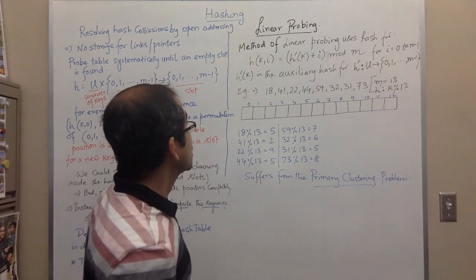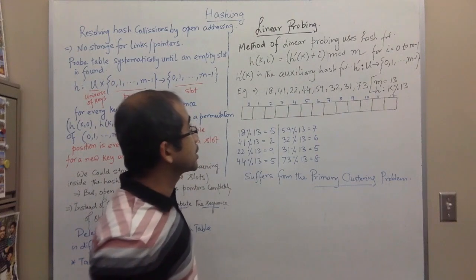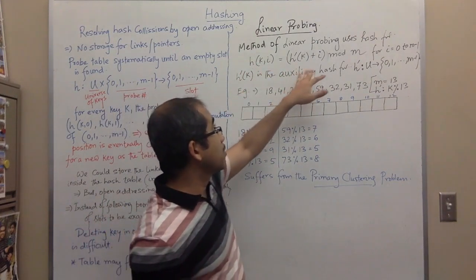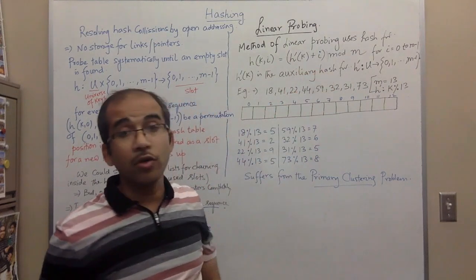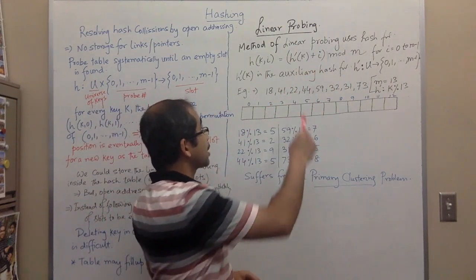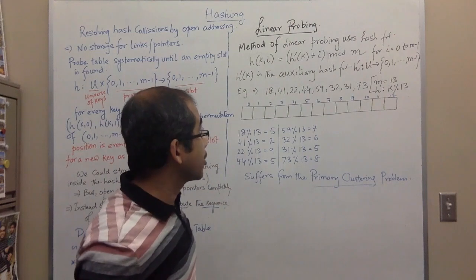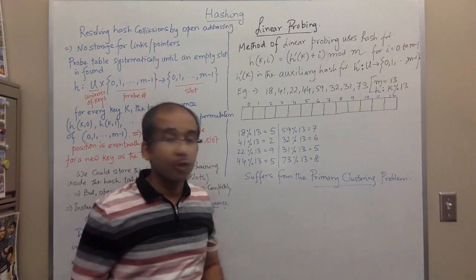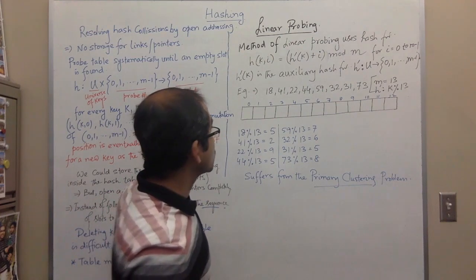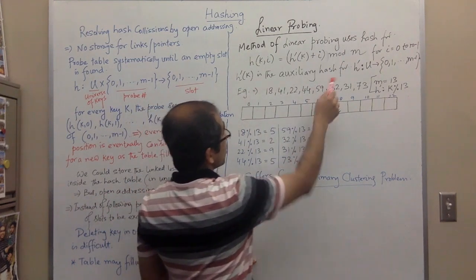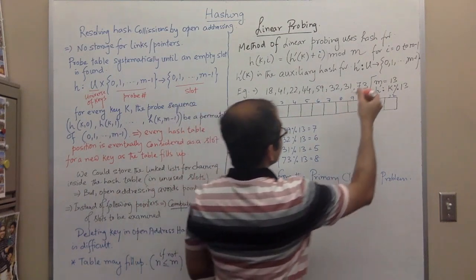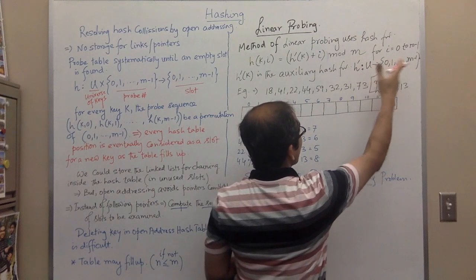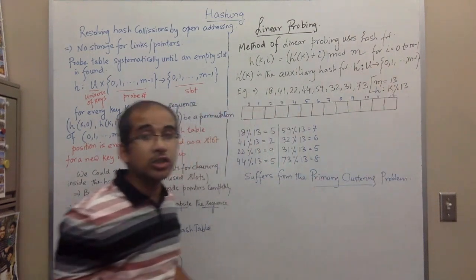The method of linear probing uses the hash function h(k,i) equals (h'(k) plus i) modulo m. Here h'(k) is another hash function, called the auxiliary hash function, using which we find the first slot for a particular key from the universal set of keys.